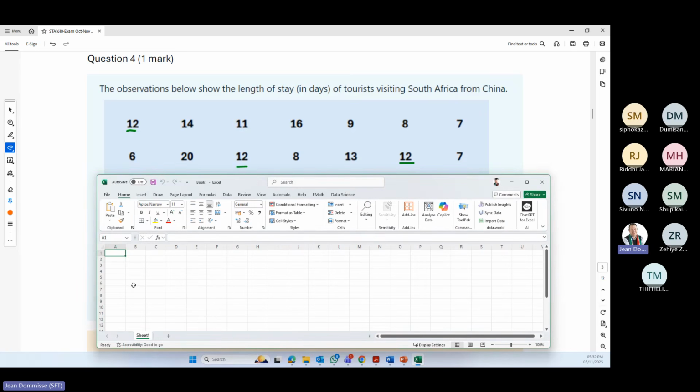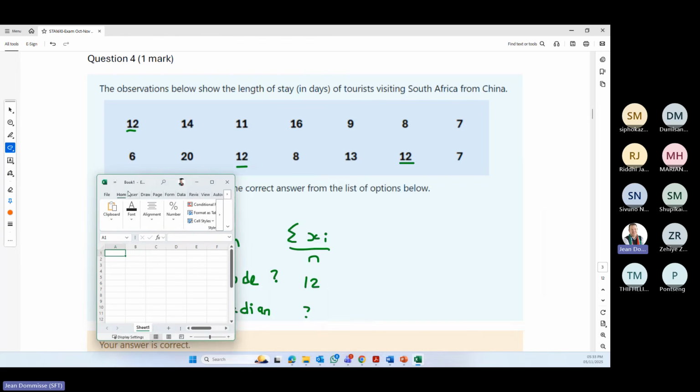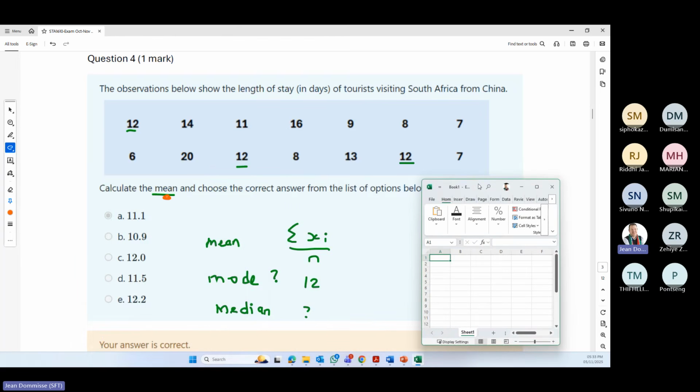And what Excel also allows you, if there were other questions around this that may be focused on the mode or anything like that, you can use it as well. But in Excel, what I would have just done is, and I will make it bigger after I just type in the numbers.